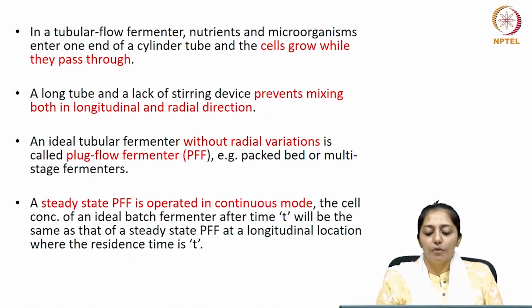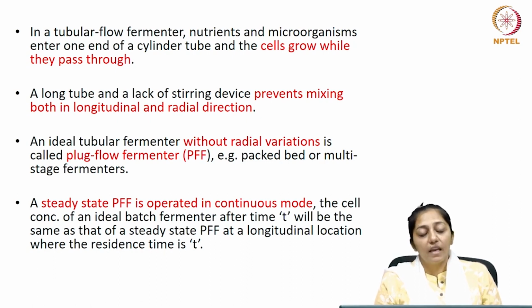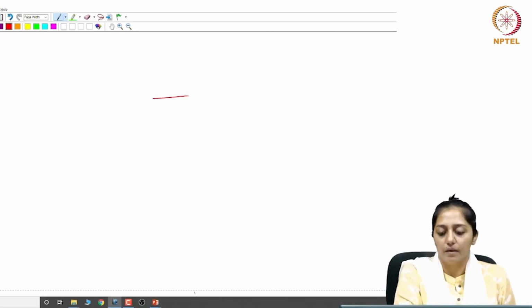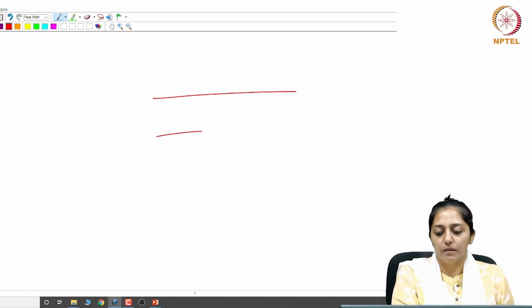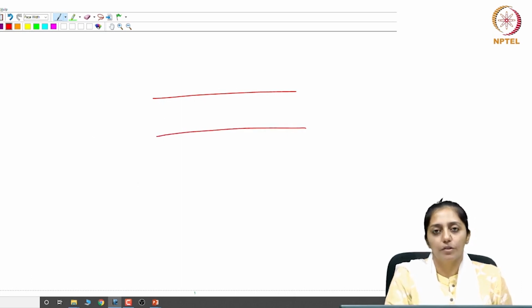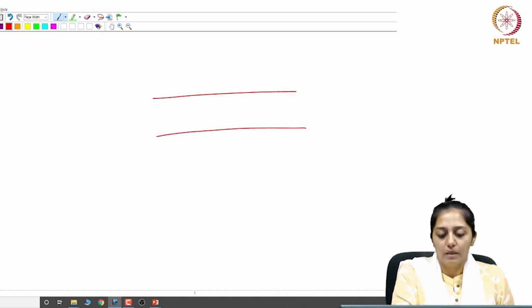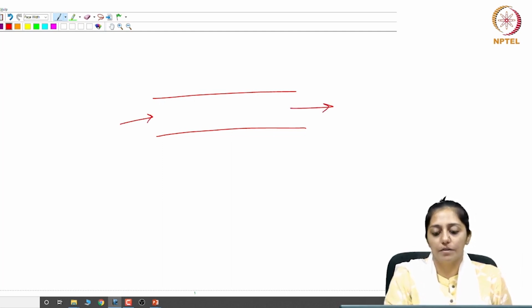In a steady state plug flow fermenter, the cell concentration of an ideal batch fermenter after time t will be the same as that of the steady state plug flow fermenter at a longitudinal location where the residence time is t. Okay, let's see. So a tubular fermenter is a longitudinal tube and there is an inlet, an outlet, a continuous flow.